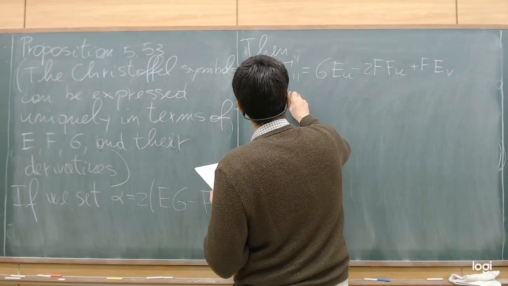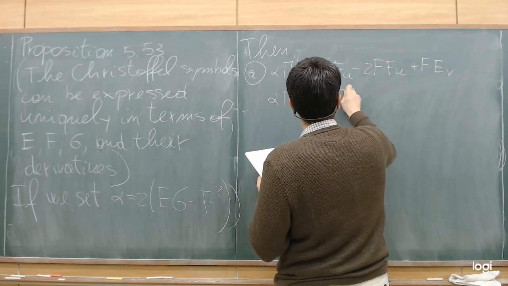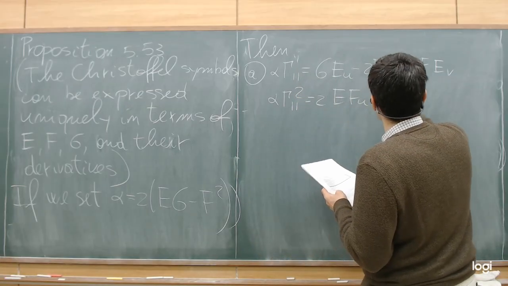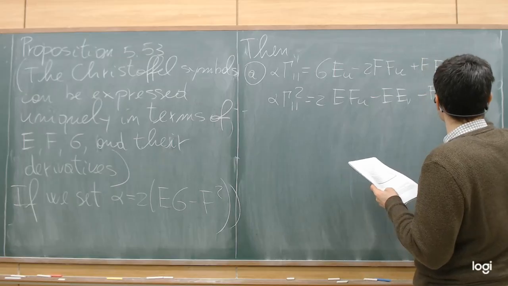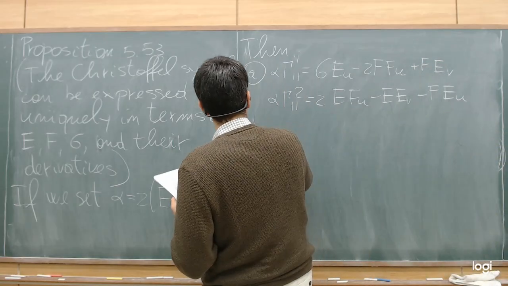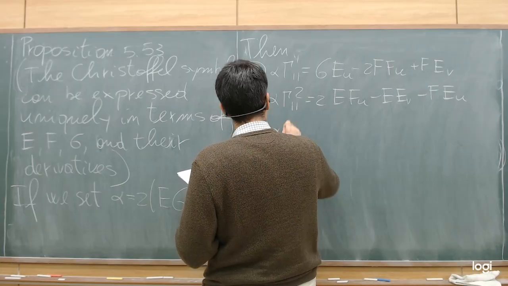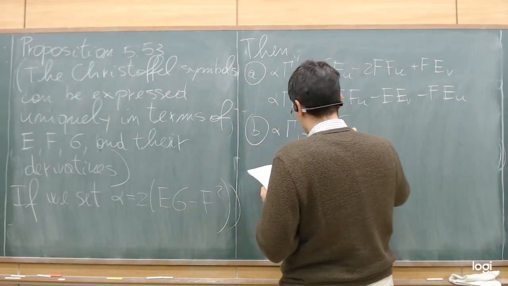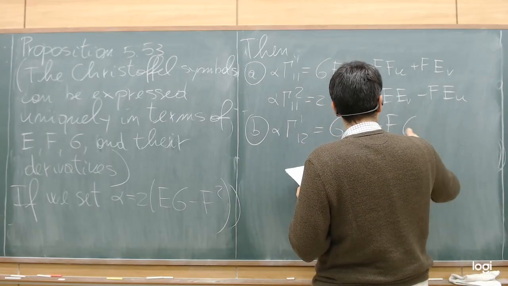Alpha gamma 1 1 2, this is 2E F_u minus E E_v minus F E_u. B: alpha gamma 1 2 1, this is G E_v minus F G_u.